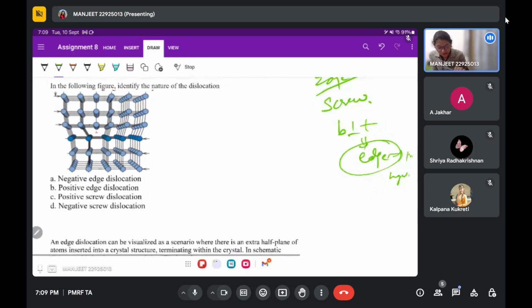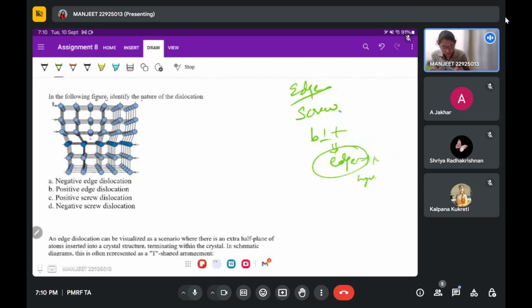So here it is seen. This b is perpendicular, because the applied stress is in this direction, and this dislocation is in the perpendicular direction. So b is perpendicular to t, so this is the edge one, and this is forming the T here, you can see the T here.